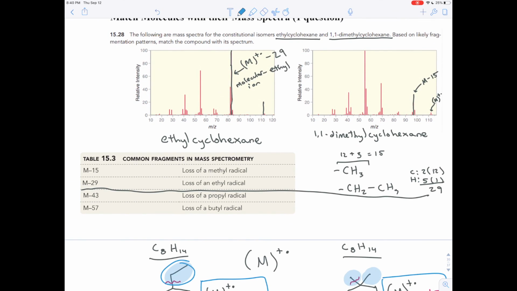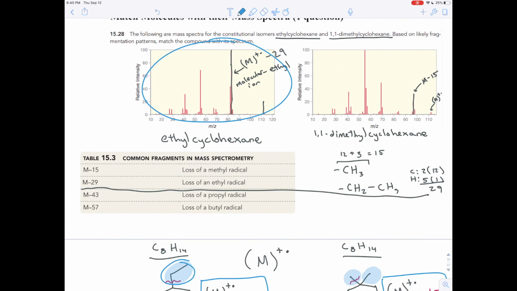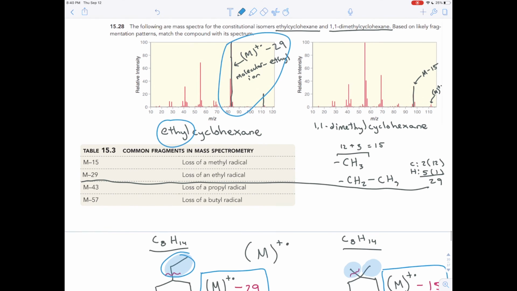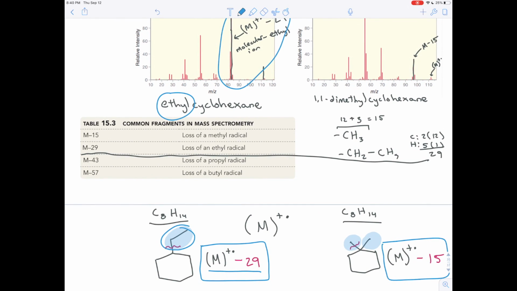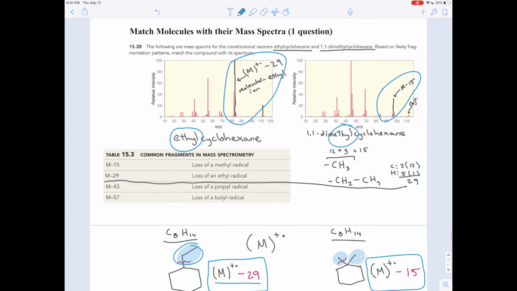So we looked for peaks at those positions in the two spectra, and we saw that the M minus 29 peak was only on the left, so only that would have had an ethyl group. M minus 29 is the ethyl, and the M minus 15 peak was only at the right, so only that had a methyl group. So this is just looking for common branches that get kicked off, looking for peaks related to those, down to the left of the molecular ion peak.